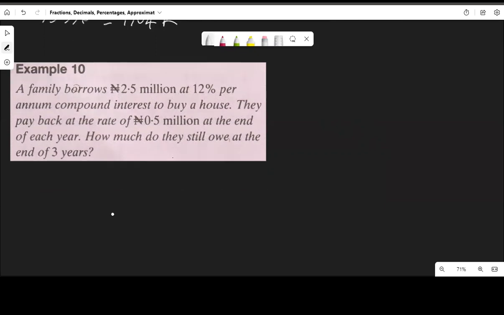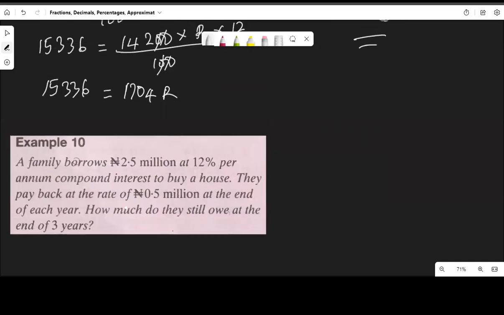For the first year, the principal is equal to the amount they borrow, which is 2,500,000 naira.